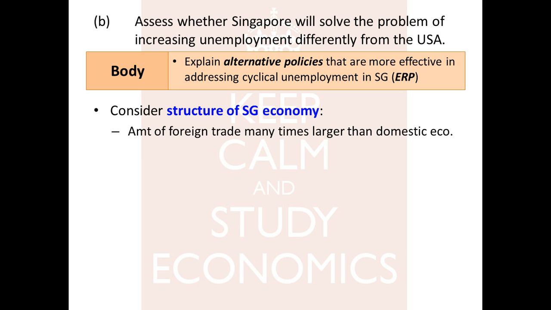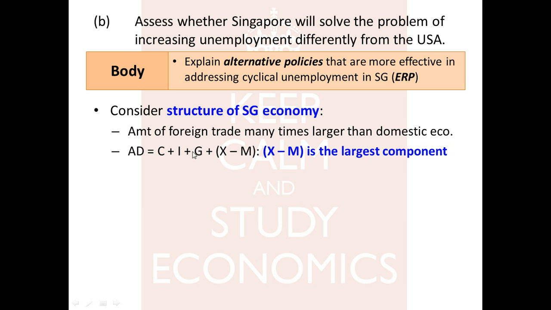A lot of what we produce is actually going overseas, which means that if you look at the AD components, C, I, G, X minus M, basically X minus M is the largest component in AD. So if we want to increase AD, we should not be targeting G. Instead, we should be targeting X minus M.